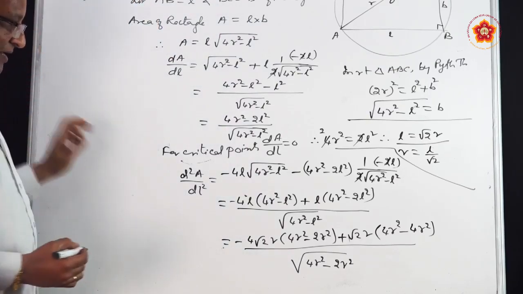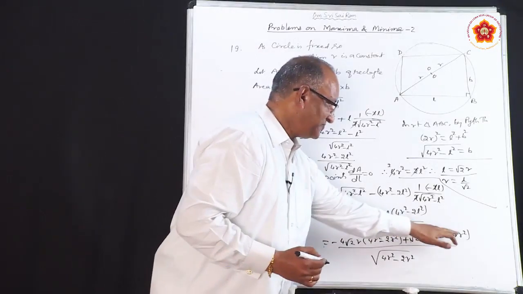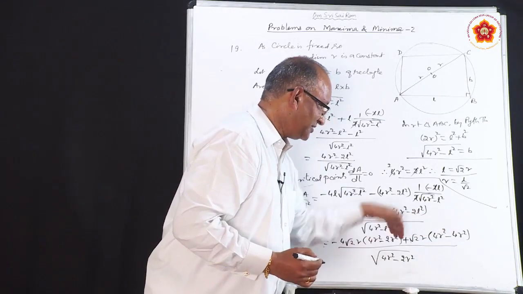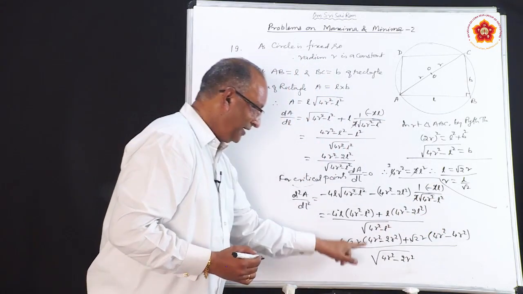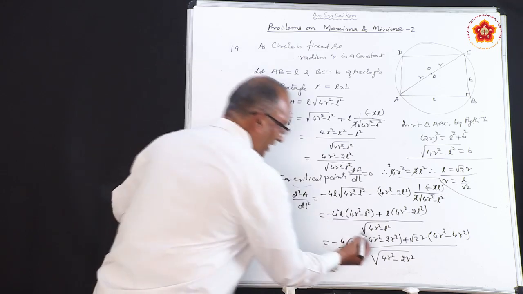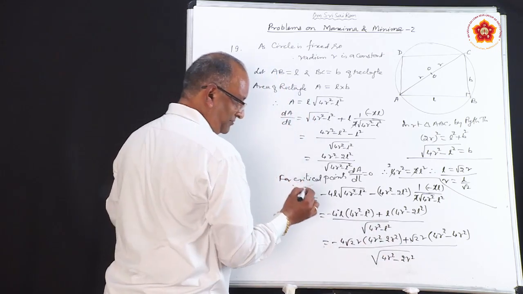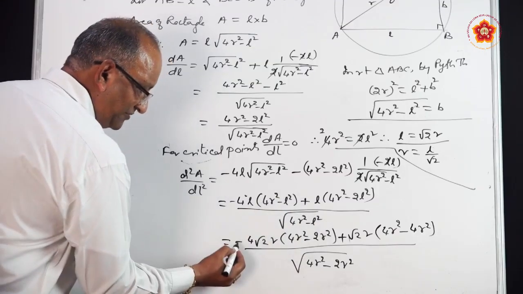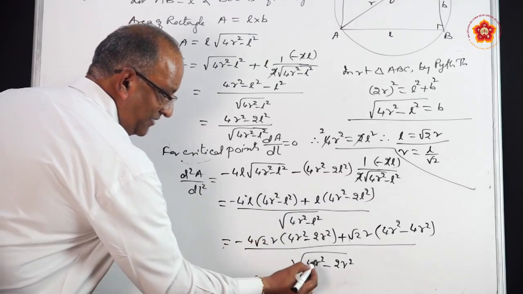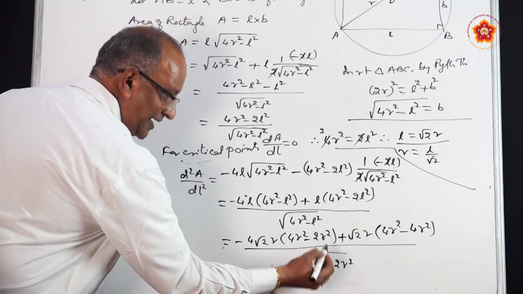Observe this carefully. 4r square minus 4r square will become 0. So, the second term is gone. Only look at the first term. 4r square minus 2r square is going to be plus 2r square. Plus 2r square with minus, it will be minus, and 4r square minus 2r square again positive.